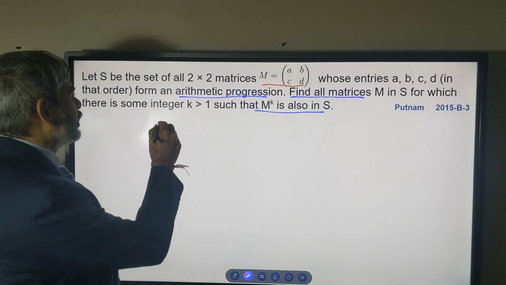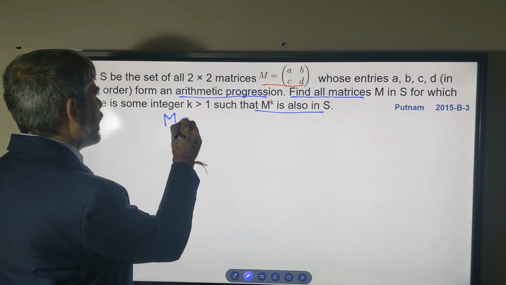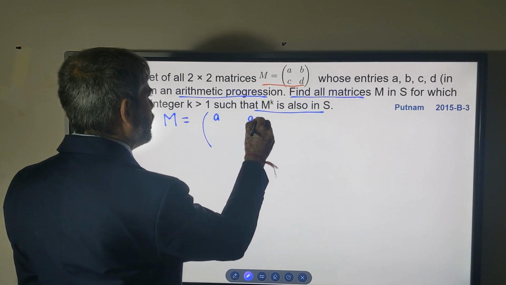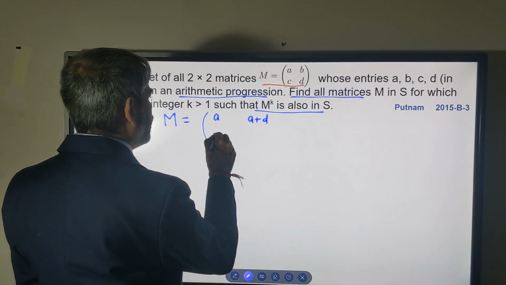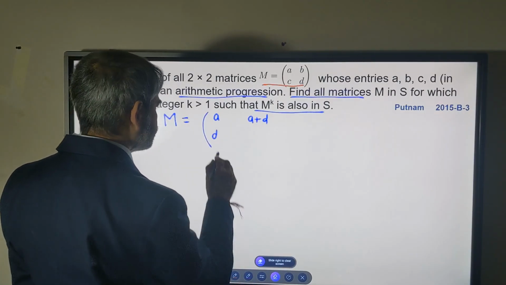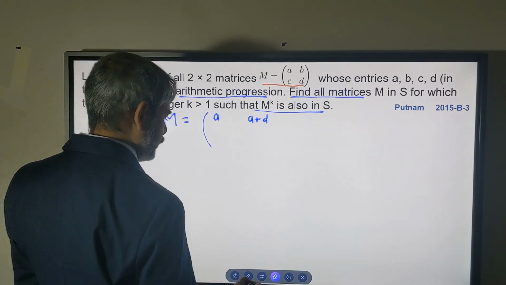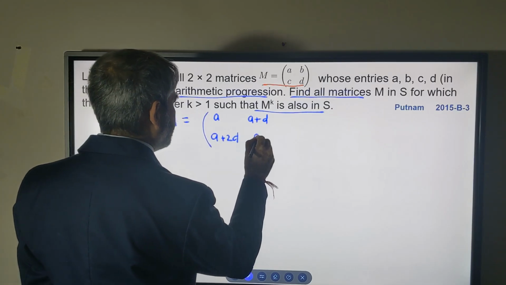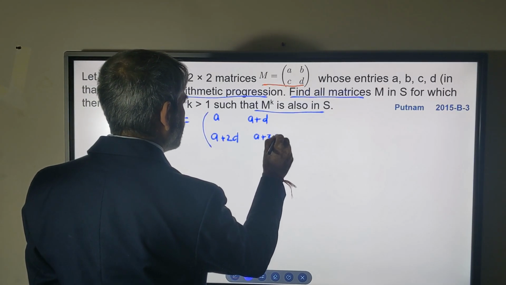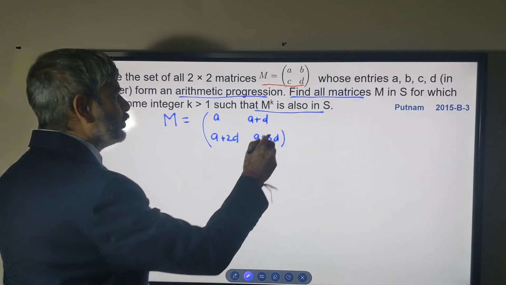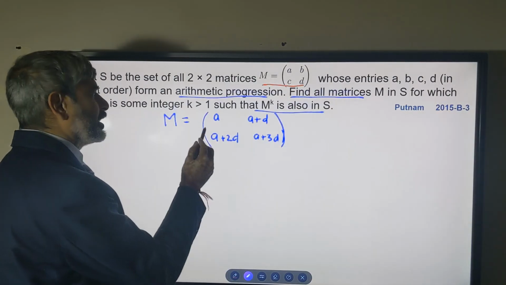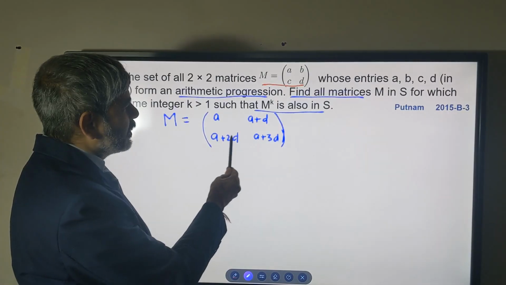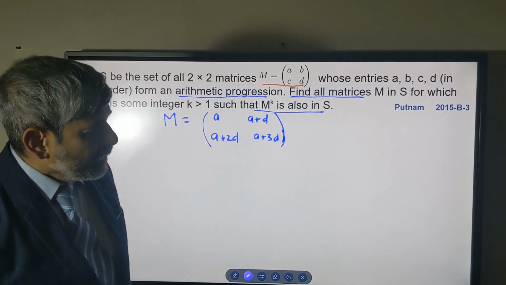So to start with, we'll write this M with elements in arithmetic progression: A, A plus D, A plus 2D, and A plus 3D. It's also possible to write this matrix as A minus 3D, A minus D, A plus D, and A plus 3D.